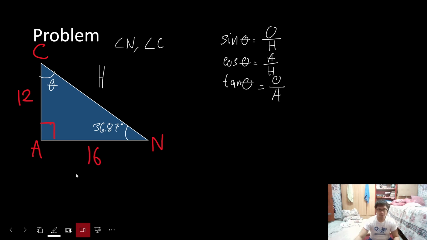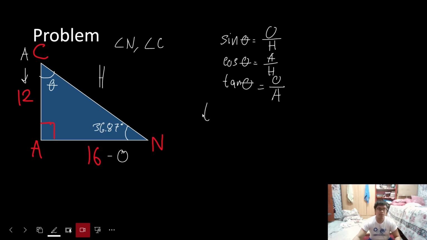Now, the question is which one of them is the opposite and which one is the adjacent. Remember, adjacent is next to or beside the angle. So 12 is beside the angle, that will be your adjacent. And your 16 is not beside the angle C, therefore we can represent 16 as your opposite.